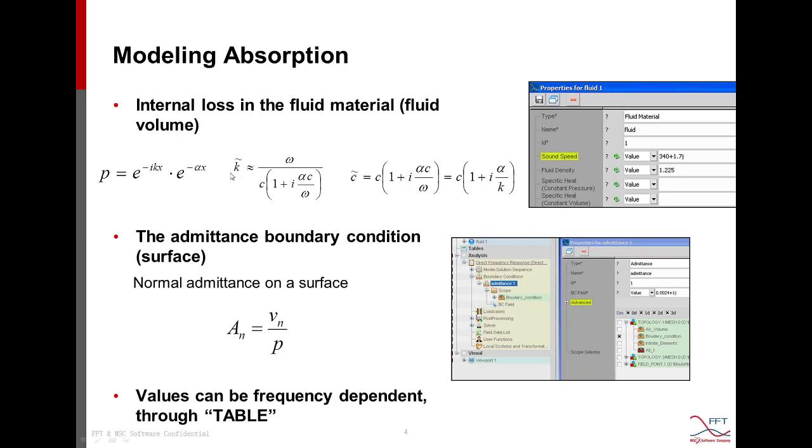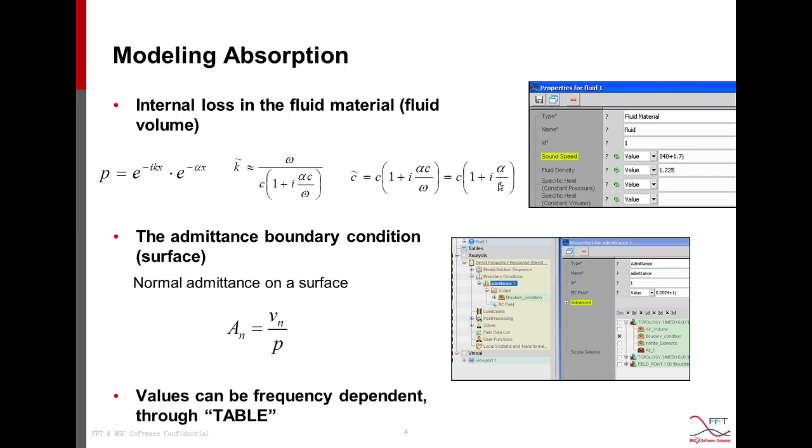So now we have this complex wave number, which has this relation with the speed of sound, and by writing the speed of sound in this shape, including the real part and the imaginary part, we introduce that internal loss through this imaginary part. So this should be the most basic way to introduce damping in the cavity.